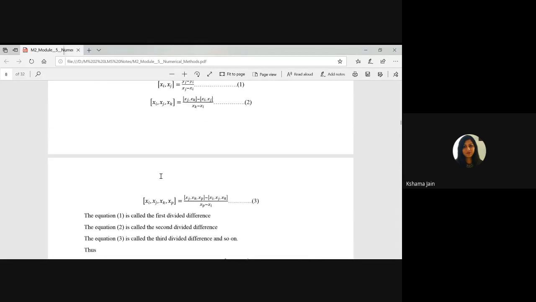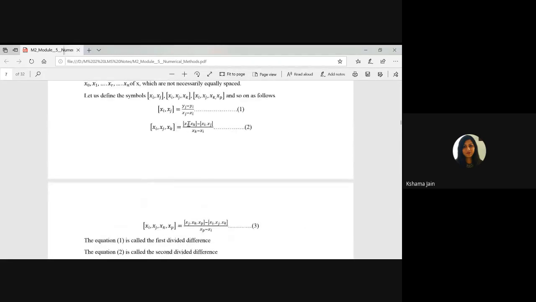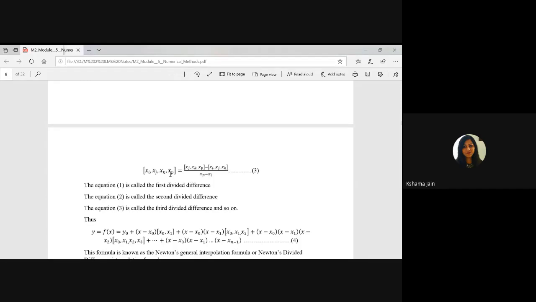Same we do for four values: this is taking the second, third, fourth difference. In short, I tell you, if you have n data, then we make subsets of n minus one data.